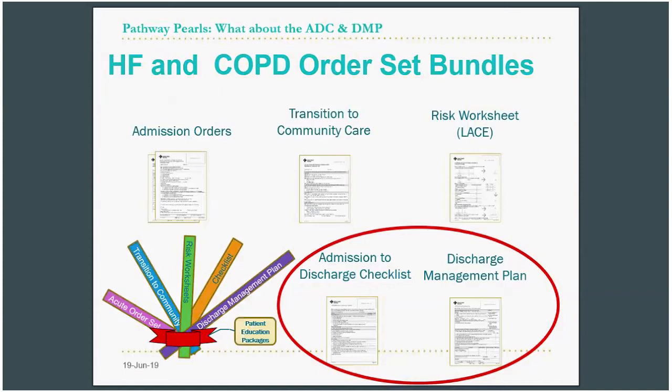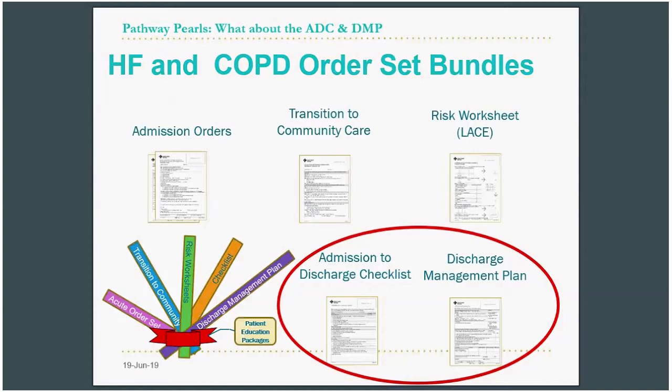Physician orders are very important, and we're showing that using the whole bundle together is showing success. But it's not always ordered as a bundle; sometimes staff start at the transition to community care because the first 2 pages were not ordered, and we're proving successes in length of stay and readmission rate depending on which side you use. But the ideal is to use the whole bundle together, which does come stapled together as one.